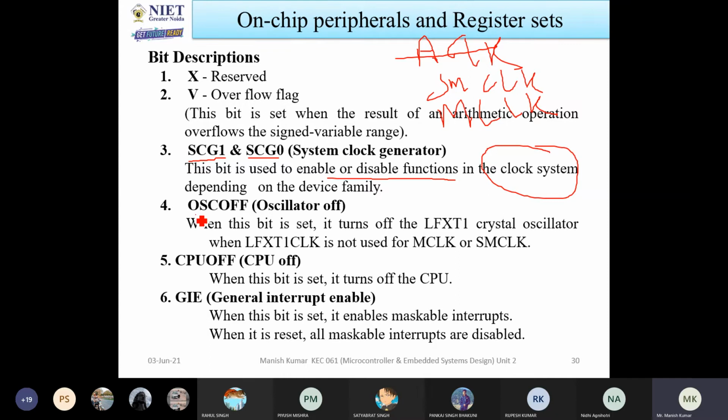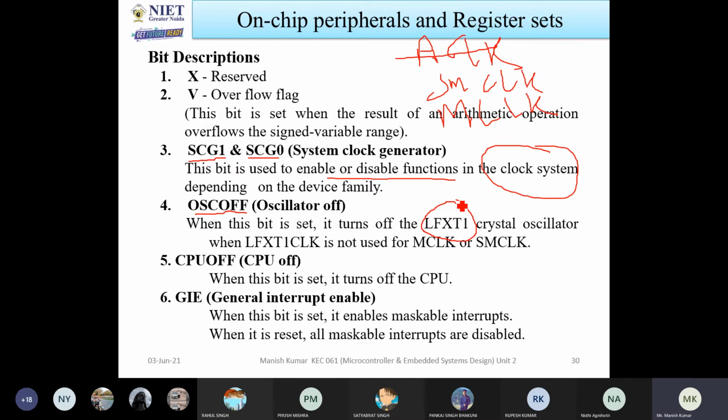Next is called OSC off. OSC is short for oscillator off. Oscillator off means you are going to switch off the oscillator, that is, switch off the frequency. How can you switch off the frequency? In the clock system, one LFXT1 crystal oscillator is there.